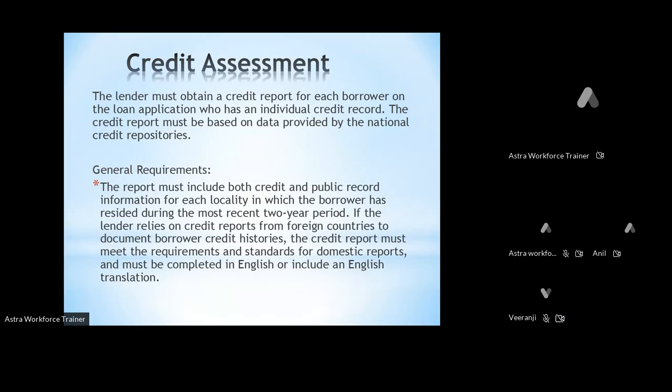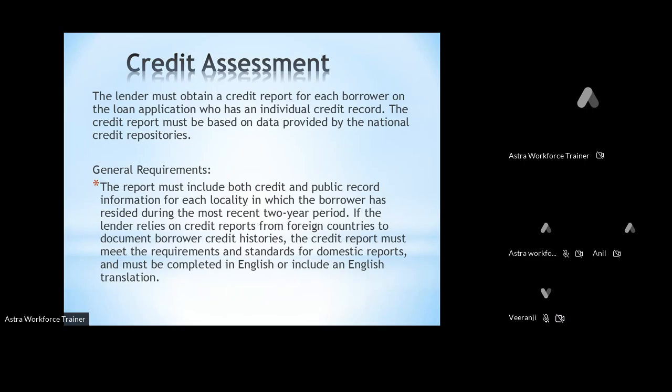Have you guys ever seen the Indian CIBIL report? In the CIBIL report, you will see all the changes, whatever you have done, right? You will have your addresses, the number of active accounts, the accounts you have opened, and the accounts closed.